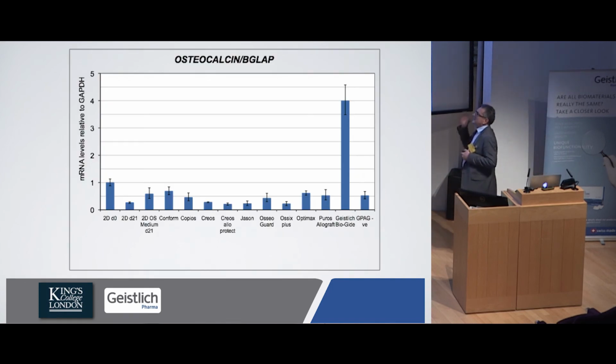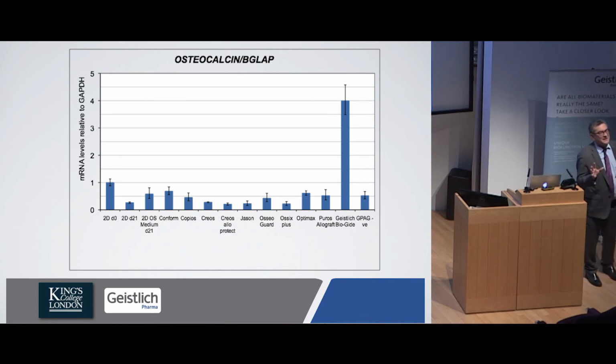And this is quite striking. So this is basically normalized. It's fold difference. So this is control, and you can see this one here is 5 times above control. That sounds like a lot. It's not, for gene expression, it actually isn't that big a change.